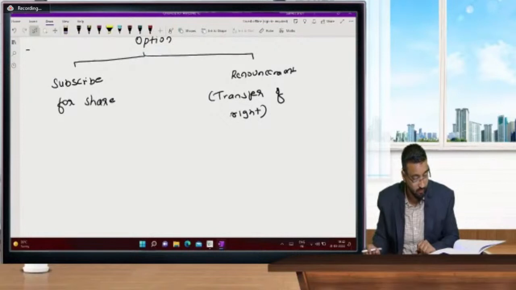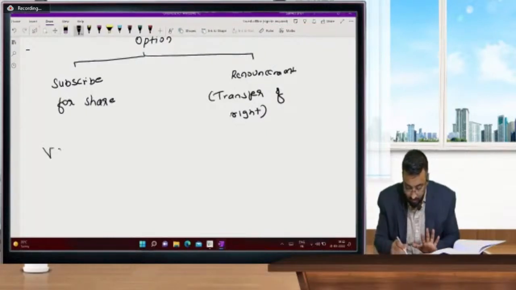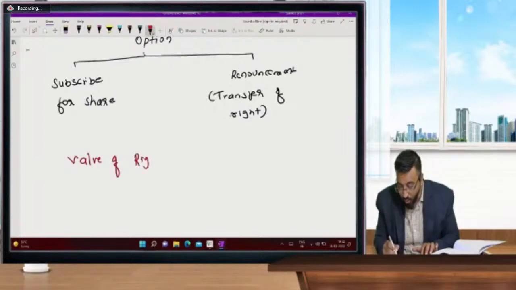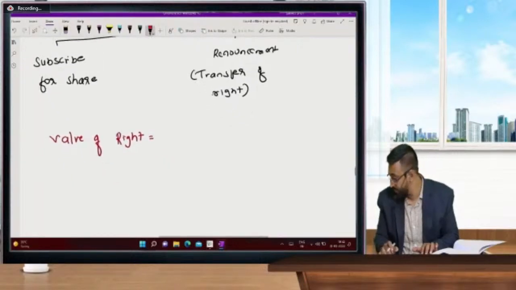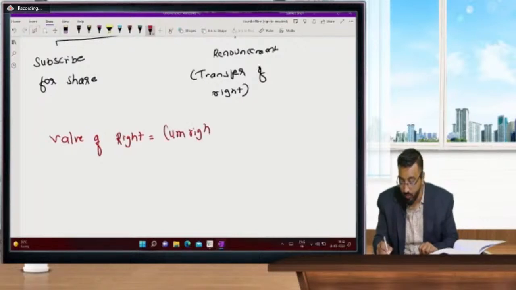Now, please understand the words. Red pen, write down the formula. I will explain this concept. Don't worry. Value of right is equal to cum right value minus ex right value.